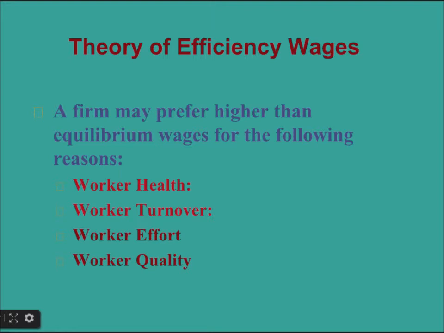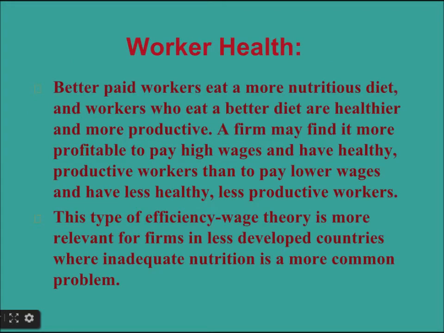Theory of efficiency wages. A firm may prefer higher than equilibrium wages for the following reasons: worker health, worker turnover, worker effort, and worker quality. Worker health. Better paid workers eat a more nutritious diet, and workers who eat a better diet are healthier and more productive.